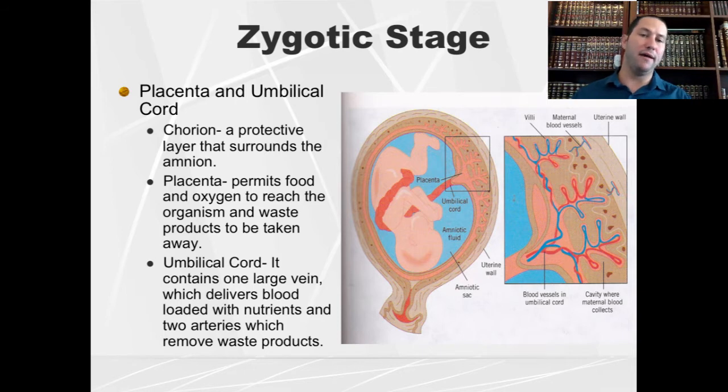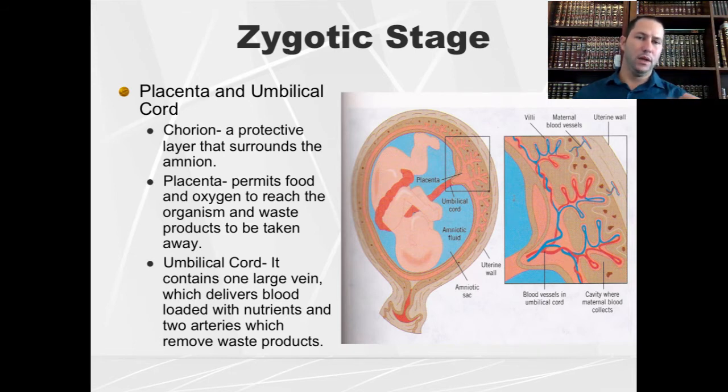So the other half, that latch onto the uterine wall, we start to see the development here, right? So we start to see the placenta and umbilical cord. We start to see the chorion from the chorionic villus sampling, and we start to see the amniotic sac and fluid, etc. Basically, we're starting to prepare for the development of a child.